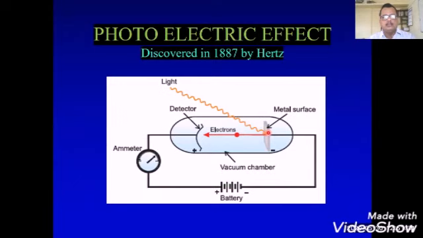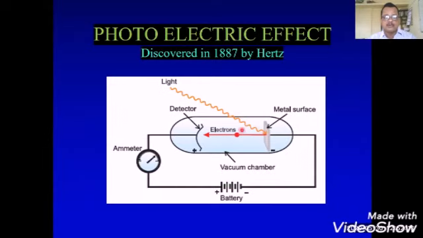Because the phenomenon is exhibited by light, and we already know that light is made up of energy packets called photons. The word photo comes from photon, and when a photon strikes a metal plate, electrons are ejected. So these two words, photon and electron, are combined, and it is called the photoelectric effect.